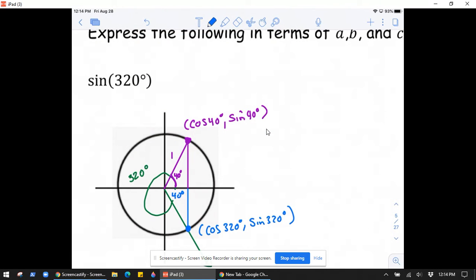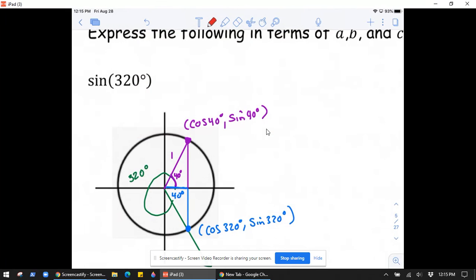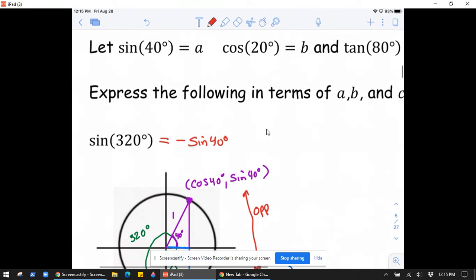The coordinates here are cosine 320, sine of 320. Notice they both have the same x coordinate, right? But their y coordinates are opposite. This is the opposite of that. Just based on the diagram, we can see those y values are identical in absolute value but opposite. So that means that the sine of 320 is the opposite of the sine of 40 degrees, but the sine of 40 degrees is a. So this answer would be negative a.